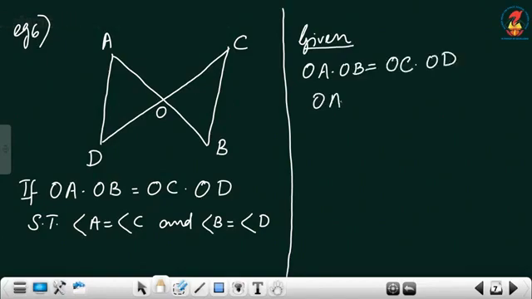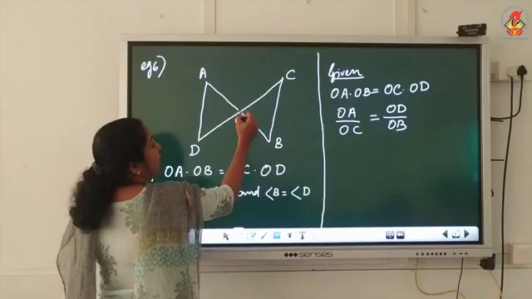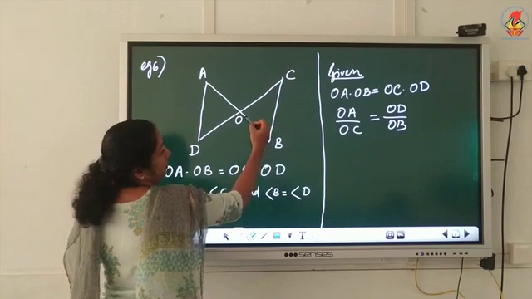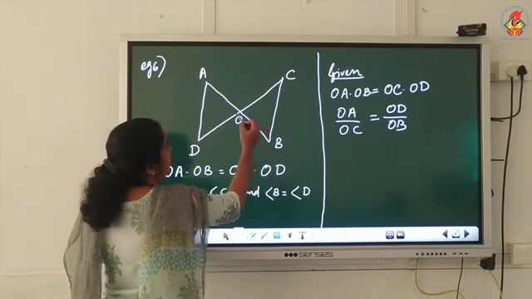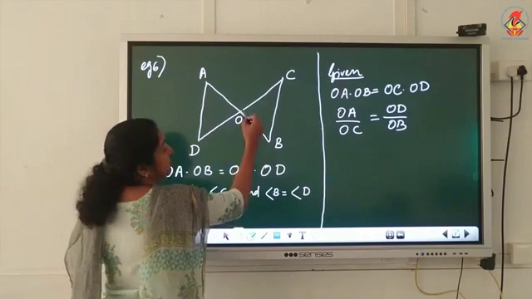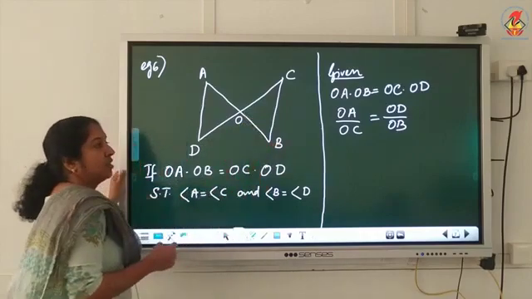It is OA by OC is equal to OD by OB. So OA is the side of first triangle, OC is the second triangle, then OD is the first triangle, OB is the second triangle.